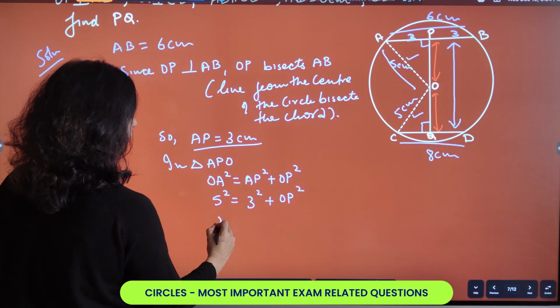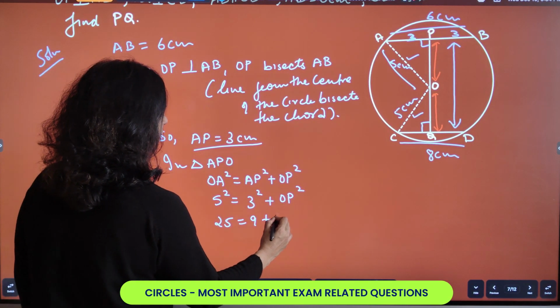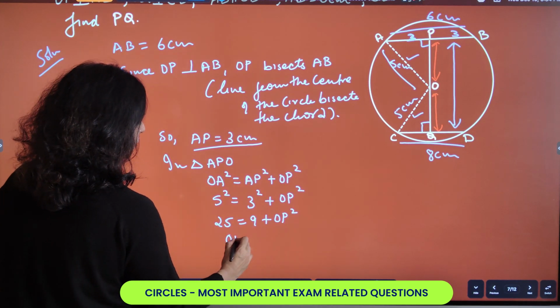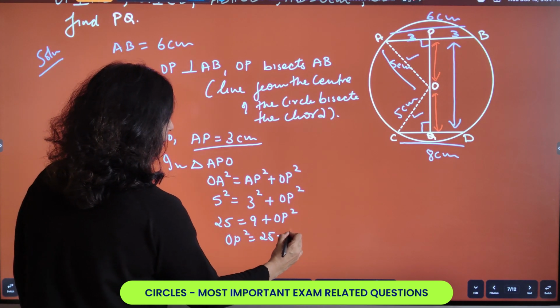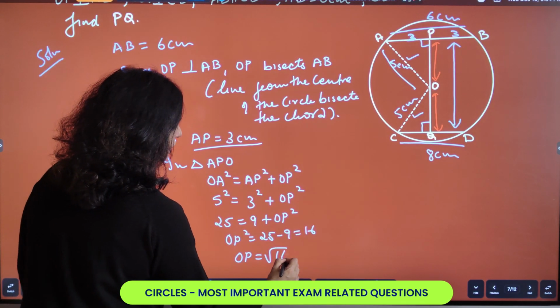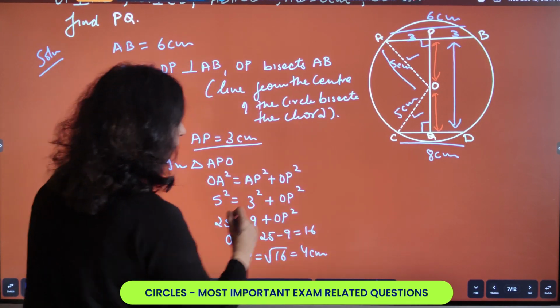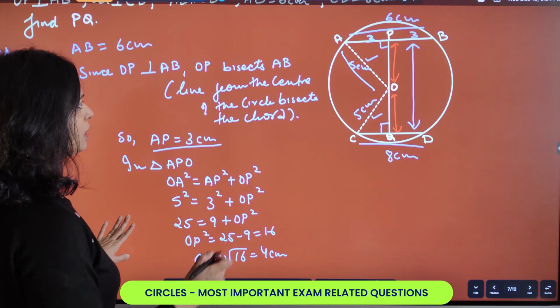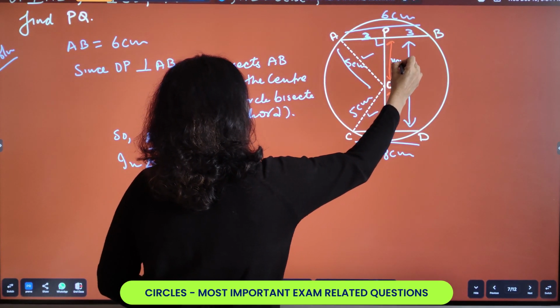So we have 25 equals 9 plus OP square. So OP square will be 25 minus 9, that is 16. So OP will be root of 16, that is 4 centimeters. We got this as 4 centimeters.